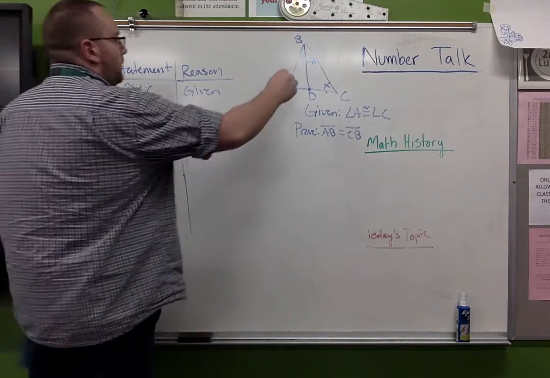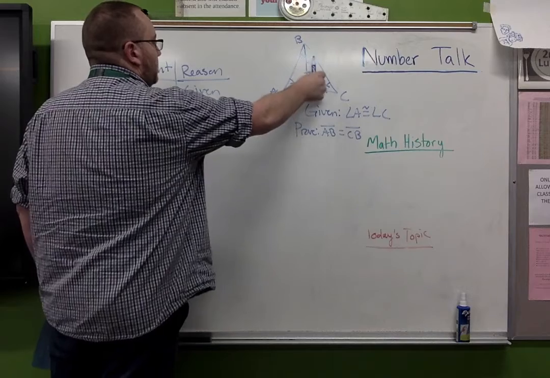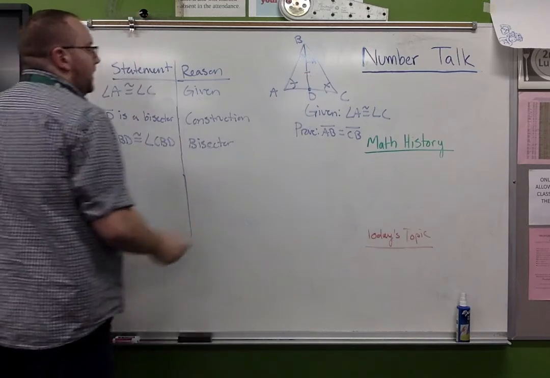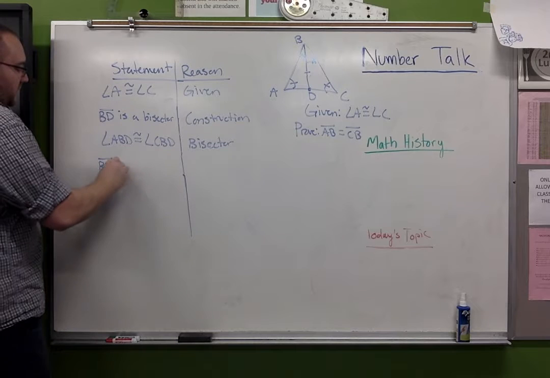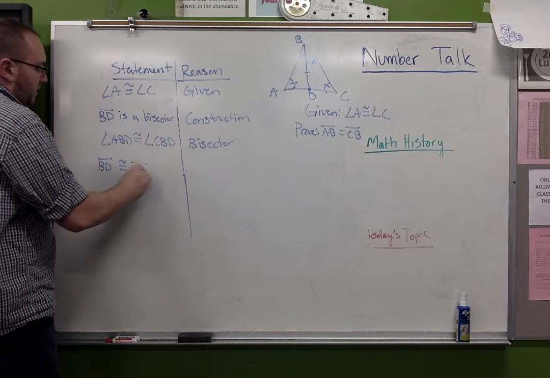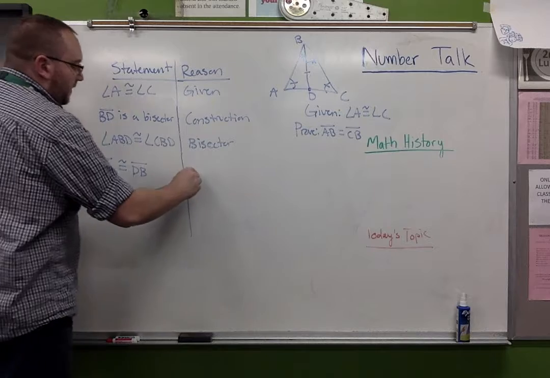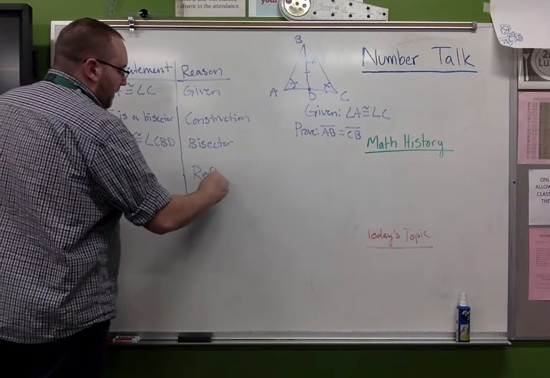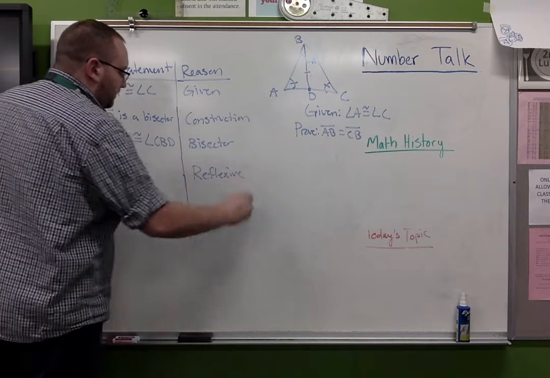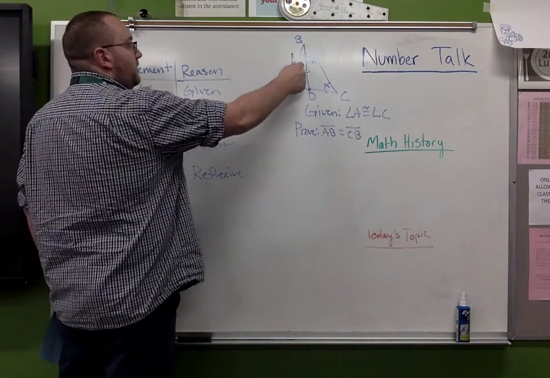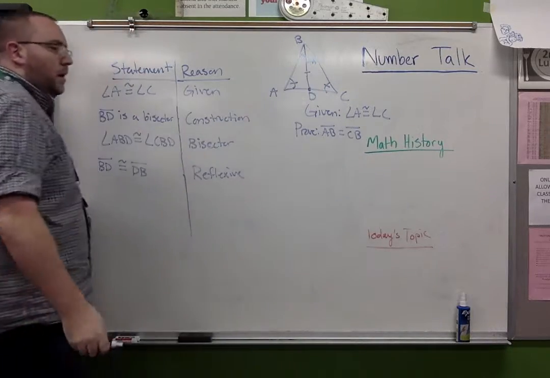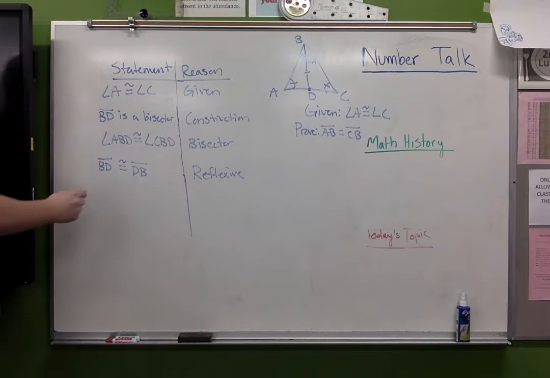Once again, line BD is equal to itself. So line BD is congruent to line DB, and that's reflexive, right? It's congruent to itself. Well, notice I have two triangles. I have angle, angle, side, angle, angle, side. Well, that's one of our congruency statements.